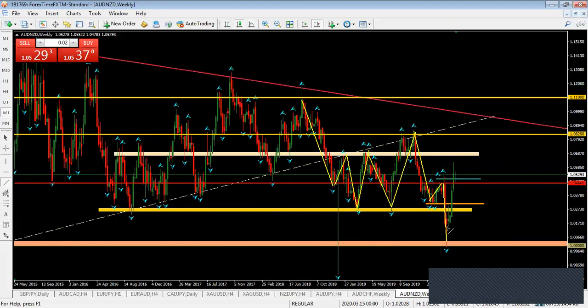So then now we can see a break above. You can as well expect a retest of this area before then going to test this zone here.